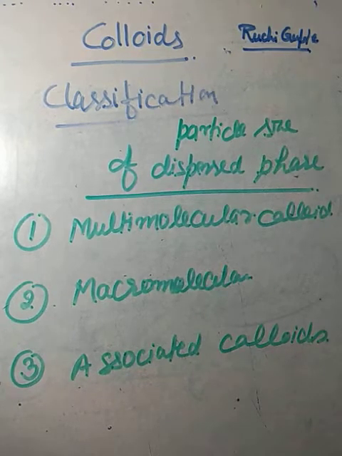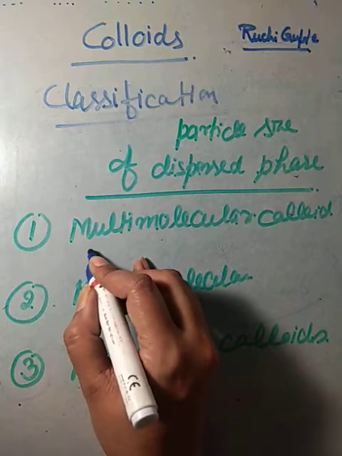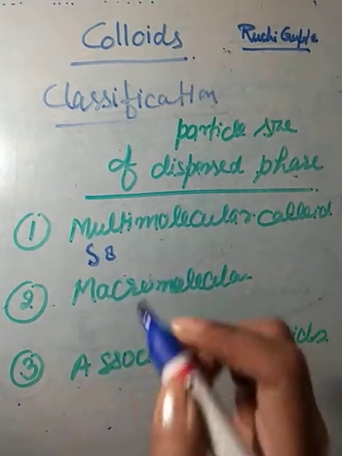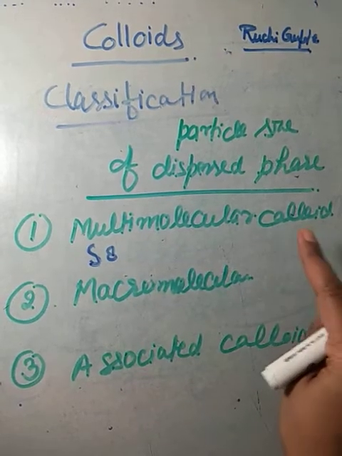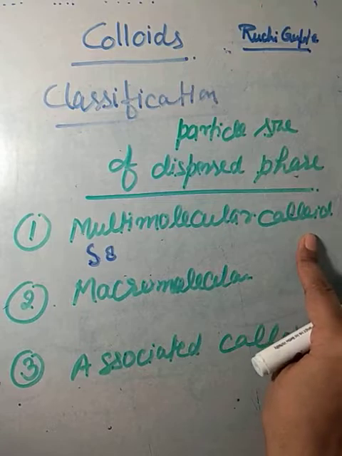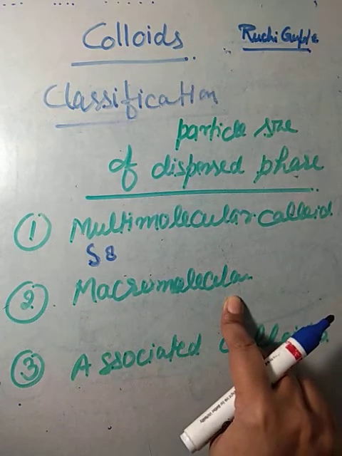Means you are taking a substance whose particles are smaller than 1 nm, and we know that it is the range of the true solution, and these particles aggregate and come to the range of the colloidal, and then they form a colloidal solution, then it is called what? Multimolecular colloid. For example, you can take gold sol or sulfur sol, as these particles aggregate to get the range of the colloid, and then they form the multimolecular colloids.